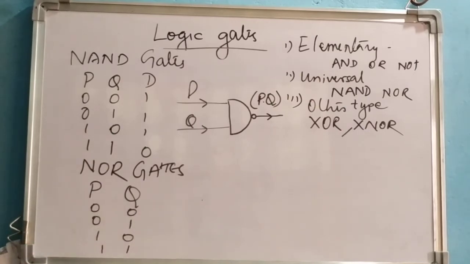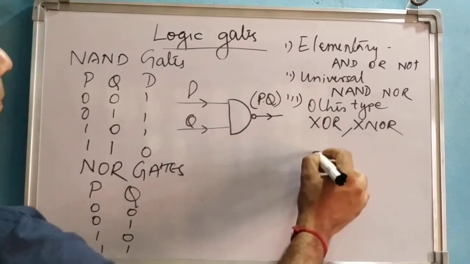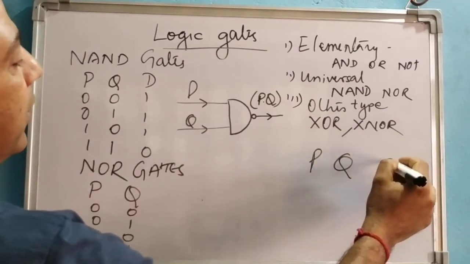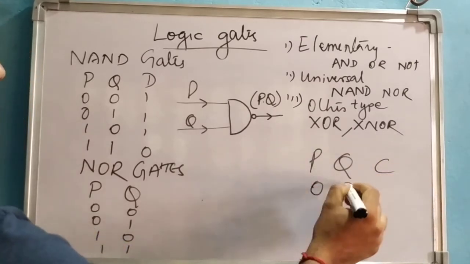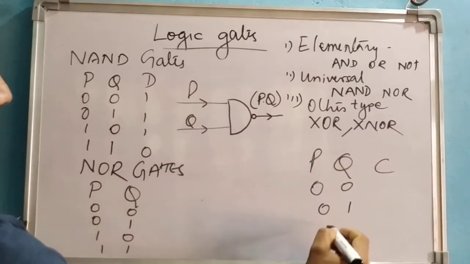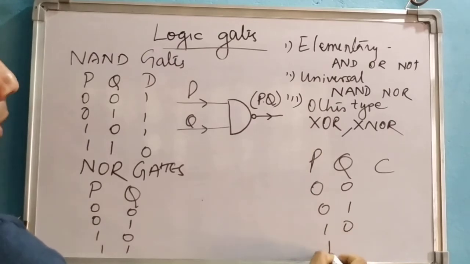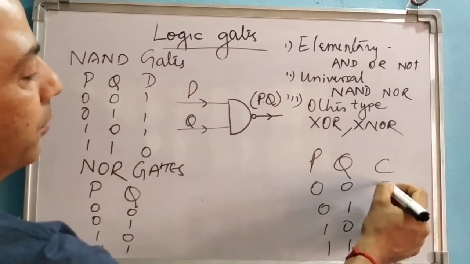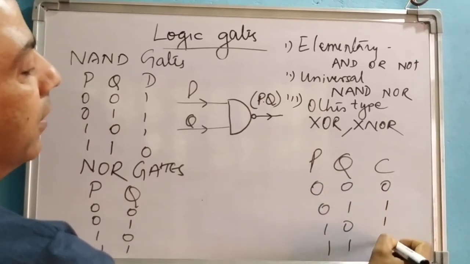Now reverse of OR. When we write P, Q, 0, 0, 0, 1, 1, 0, and 1, 1, what happens if I take OR? This will be 0 and all the rest are 1.